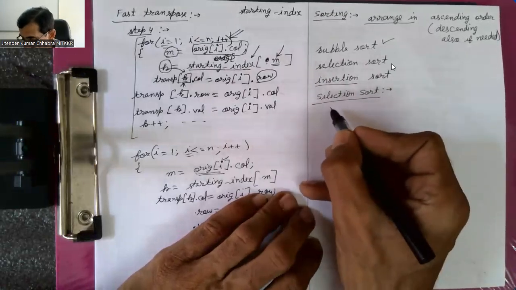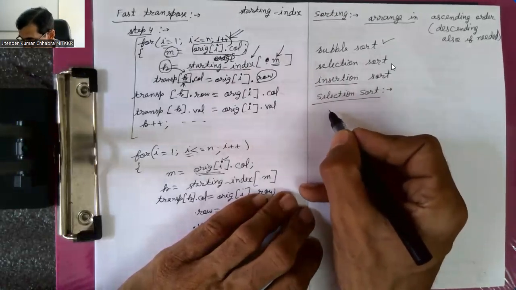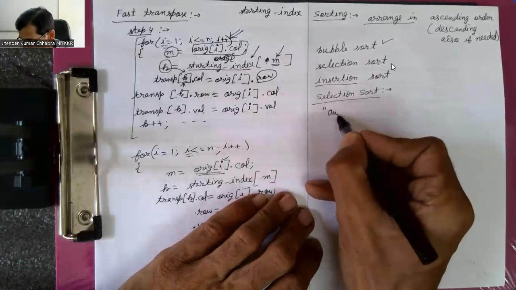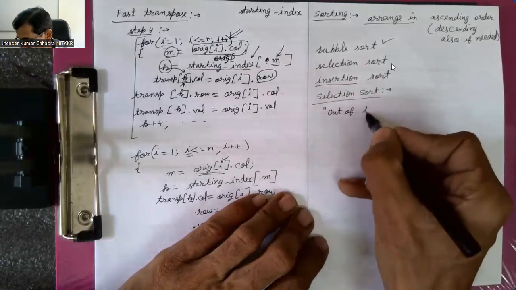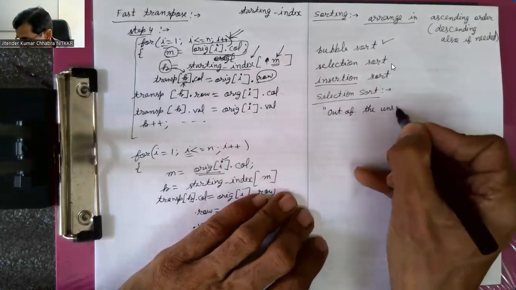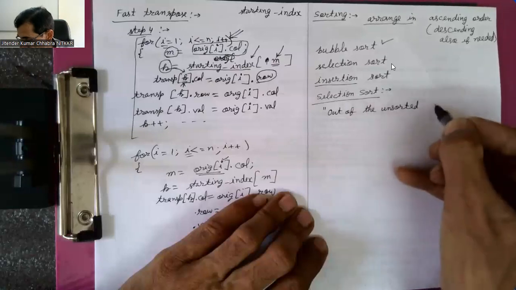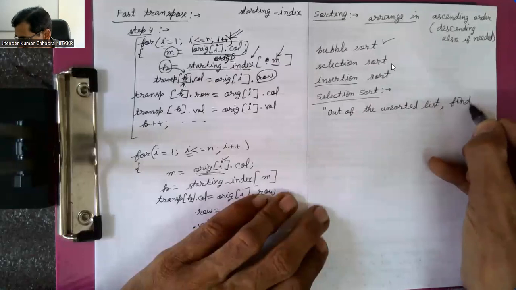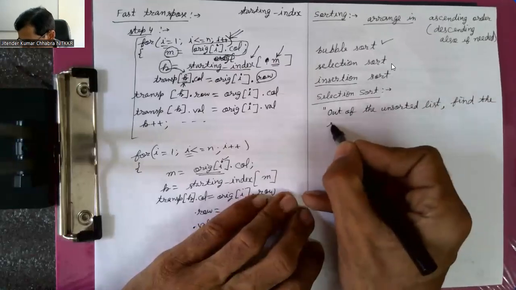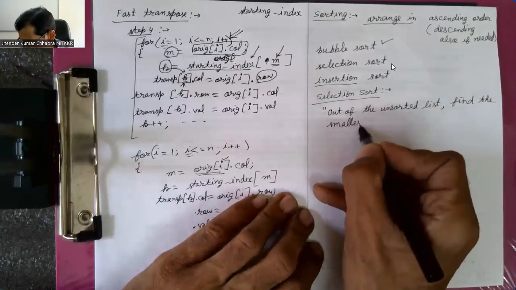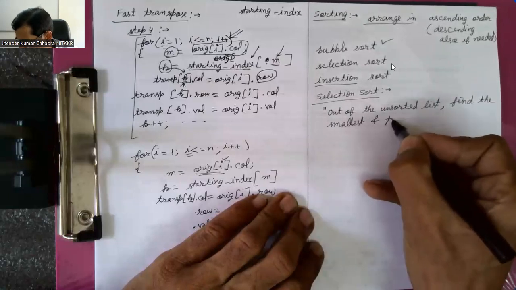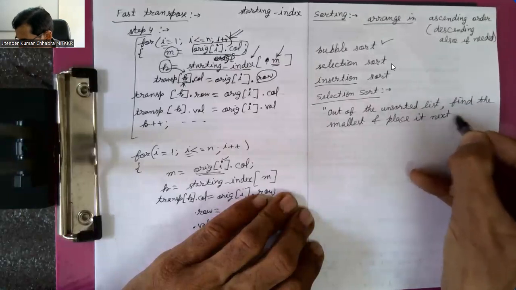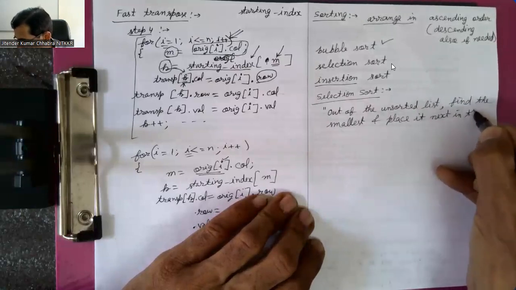I will explain in 2 lines, or I'll write the meaning of this selection sort in 2 lines, and then we will discuss everything about this. It says, out of the unsorted list, find the smallest element and place it next in the sorted list.